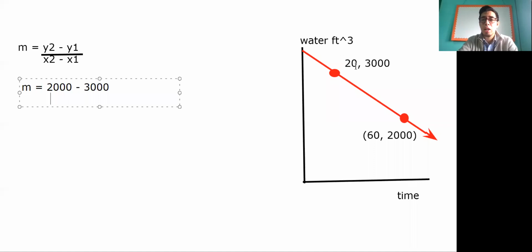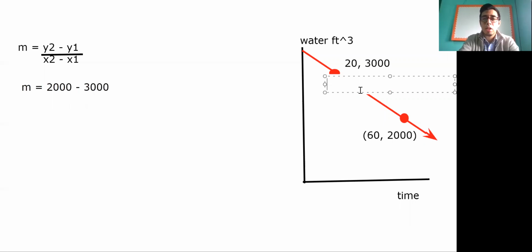You have 20 and 3000 for the first one, and for the other one is 60 and 2000. I have the 2 points I need, so I'm going to replace them in the equation. This is the point number 1. You start in here on the graph, so this is the point. I'm going to write in here, maybe. This is the point number 1.